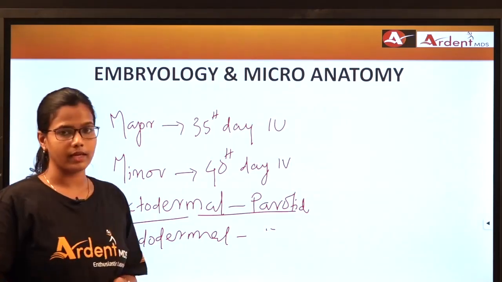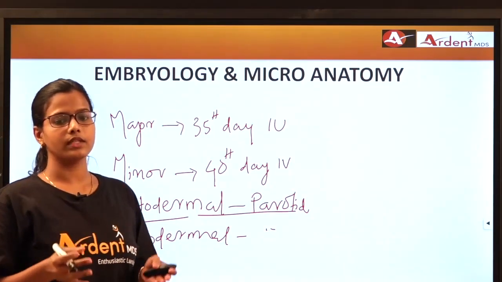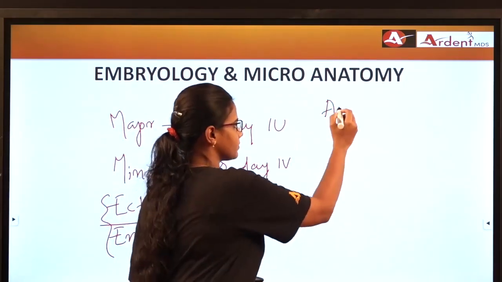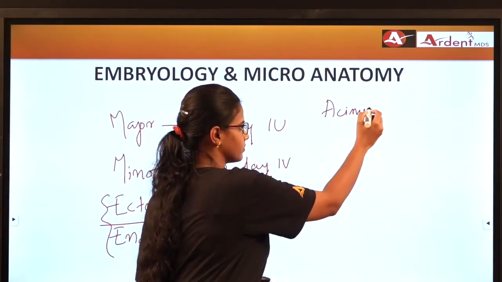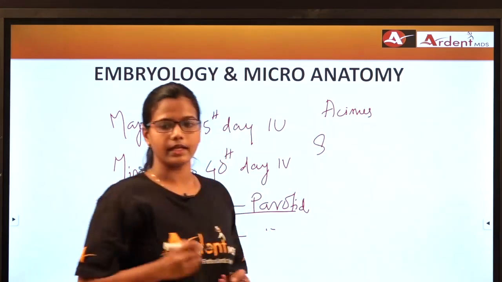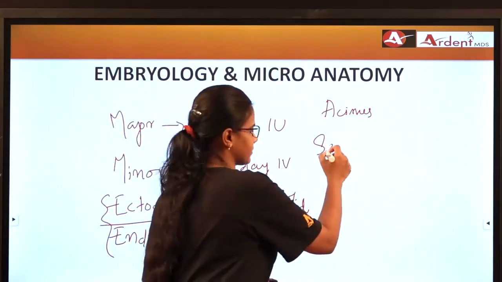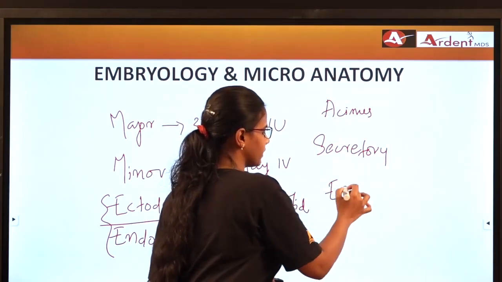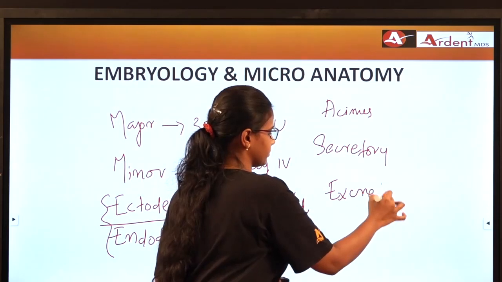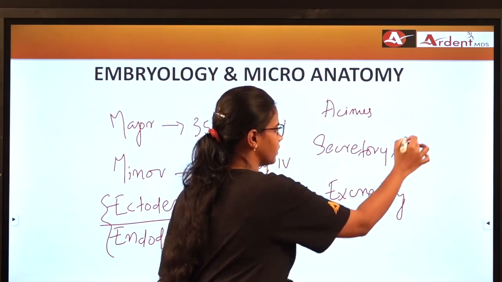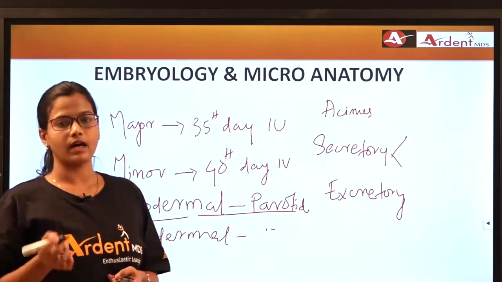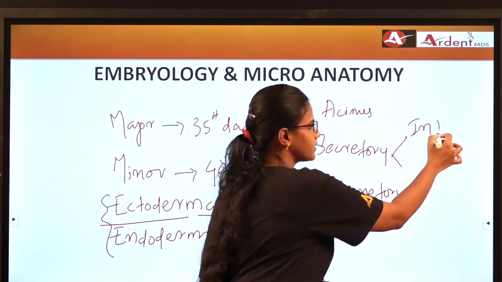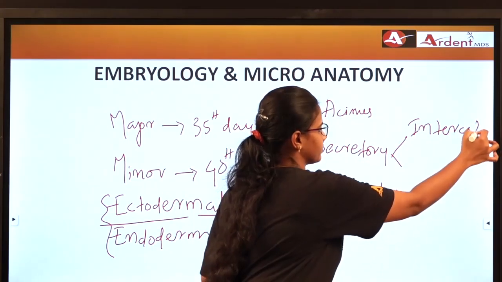And coming to the microanatomy, we know the basic units of the salivary gland tissue comprise the acinus, the secretory ducts and the excretory ducts. The secretory ducts are again divided into the intercalated duct and the striated duct.